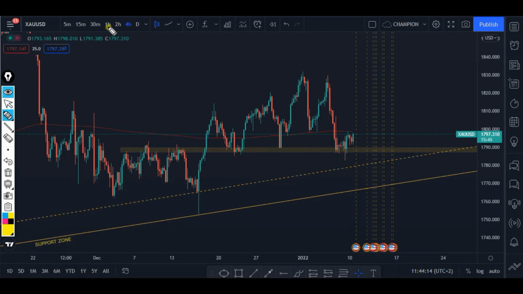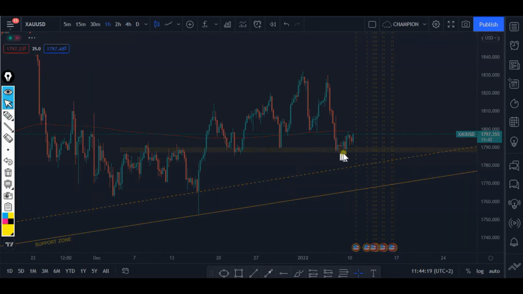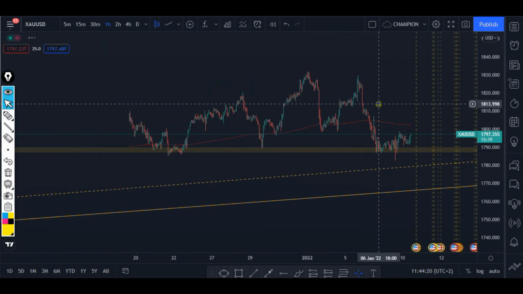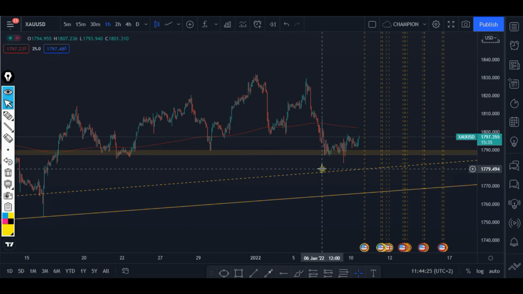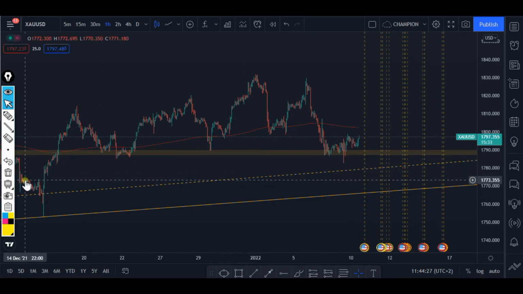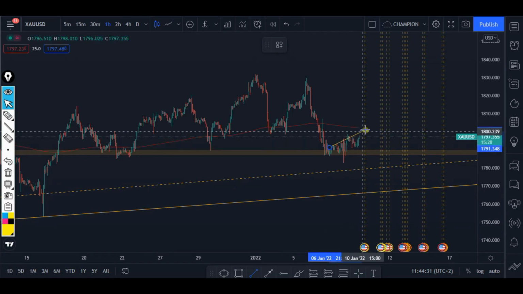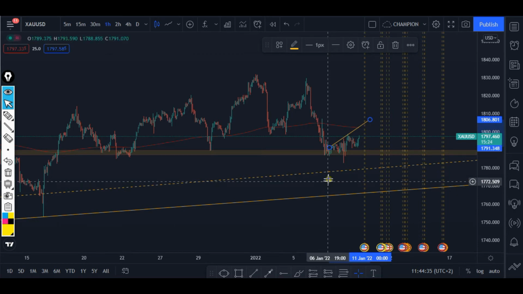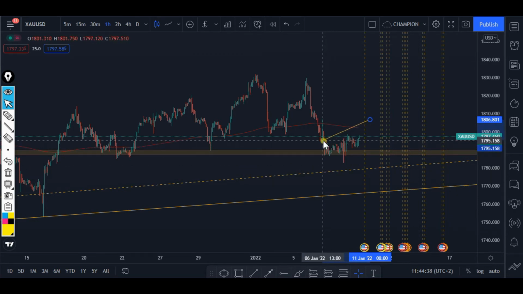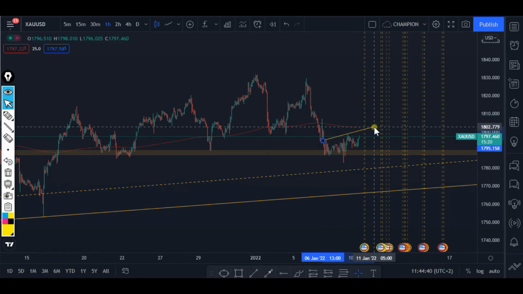If we move to a lower time frame, for us to see what is happening with the current price action, you can see that the market is moving. Let me see if I can draw something like this for you guys to see.